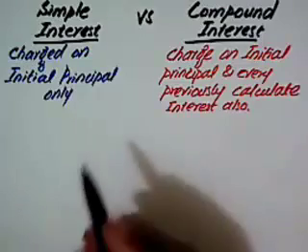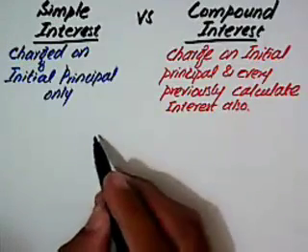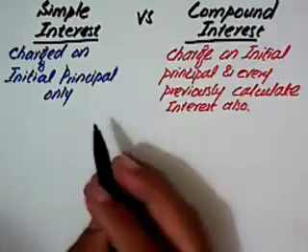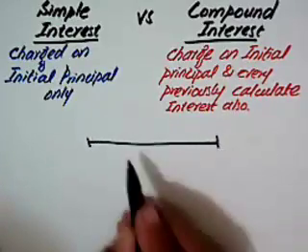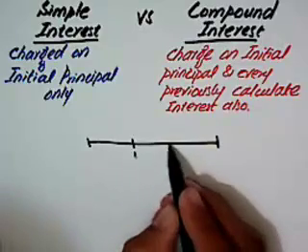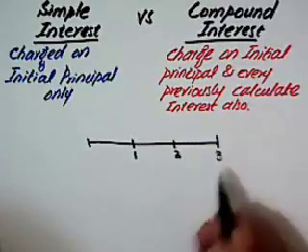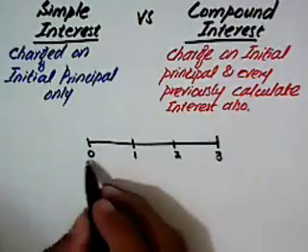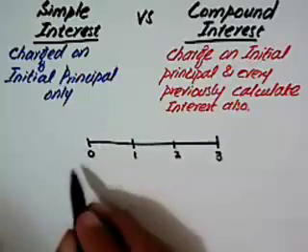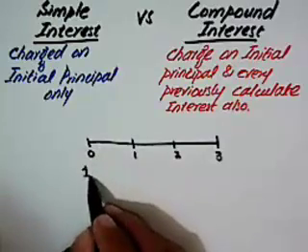For example, we have a 3 years timeline. This is the end of first year, this is the end of second year, and the end of third year, and this is time 0. At the beginning of this first year, which is time 0, we have $1,000.